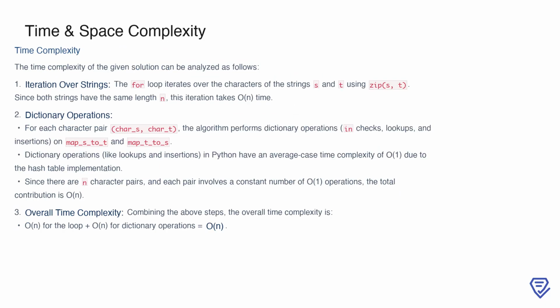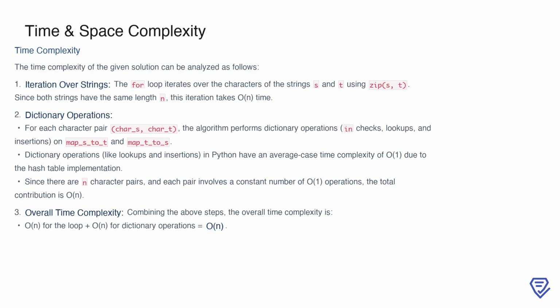To analyze the time complexity of the solution, we start by looking at the main loop. The for loop iterates through the characters of the strings s and t simultaneously using zip(s, t). Since both strings are of length n, this iteration takes O(n) time. Now, for each character pair, char_s, char_t, the algorithm performs operations on two dictionaries, map_s_to_t and map_t_to_s.